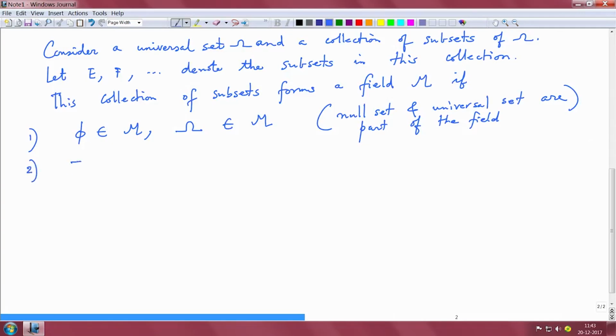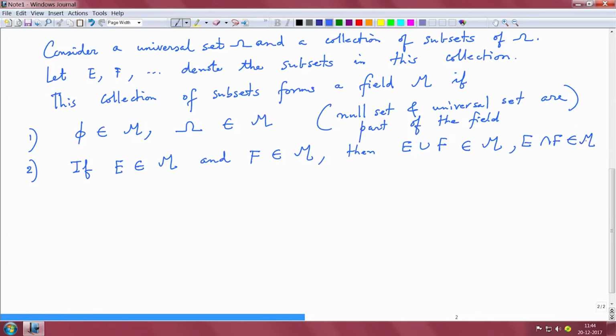Second, if the subset E belongs to the field M and subset F belongs to the field M, then the union of E and F belongs to the field, and so does the intersection of E and F. The other property is if E belongs to the field, then E complement belongs to the field.